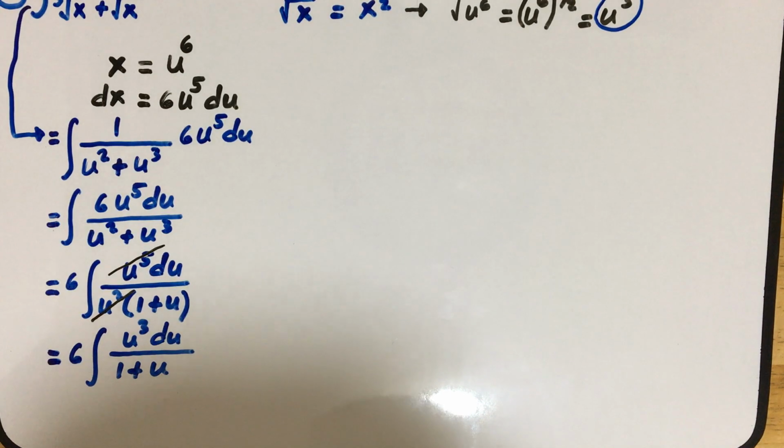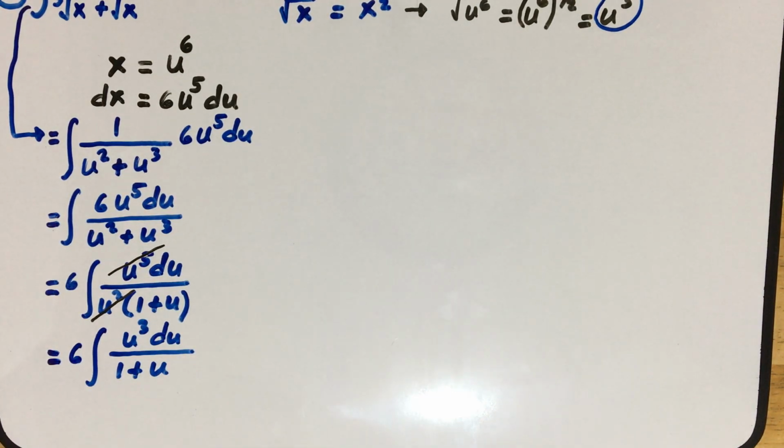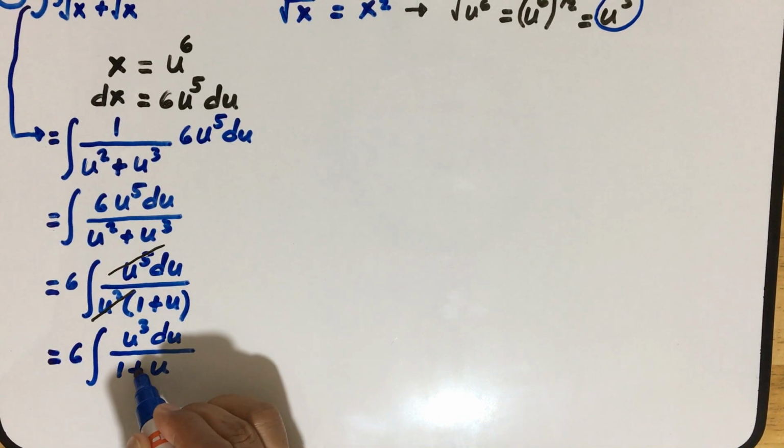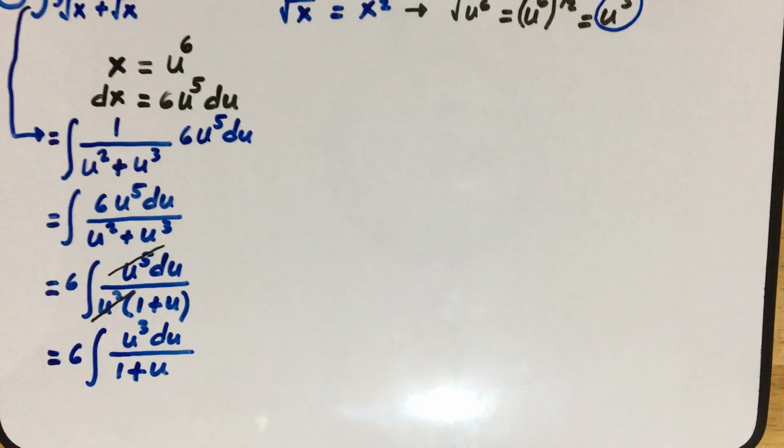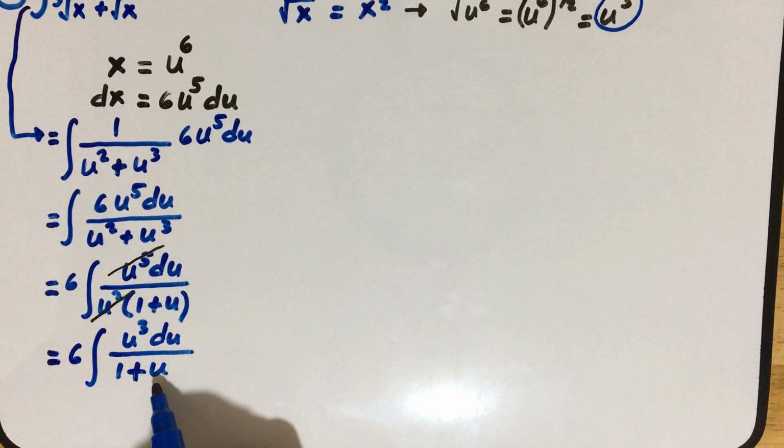Okay, so if you look at the result after our substitution, we can say that this is an improper fraction. Improper because the degree at the numerator is higher than the degree at the denominator.